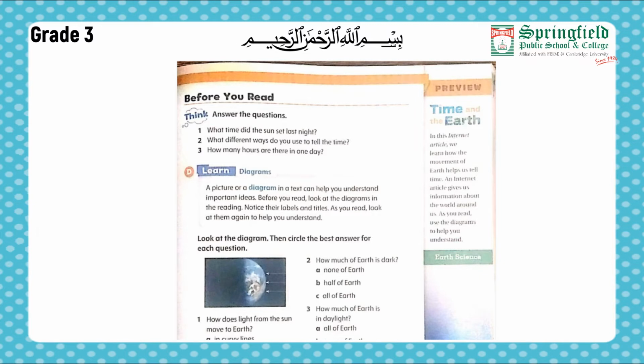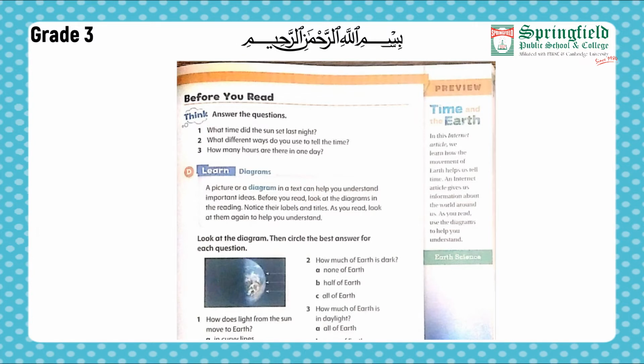What different ways do you use to tell the time? Now there are many ways to tell time. I hope you all know these ways. Question number 3. How many hours are there in one day? There are 24 hours in a day. So students, you all have to think about these questions and give your own opinions.